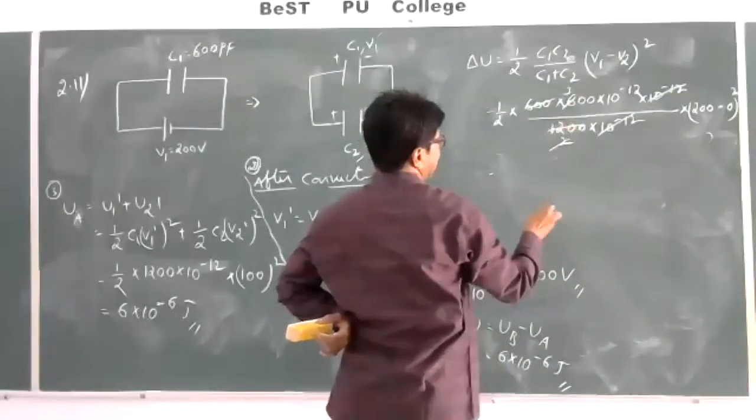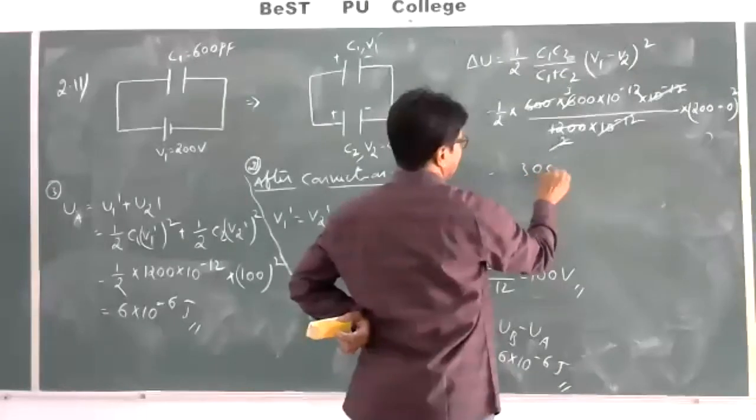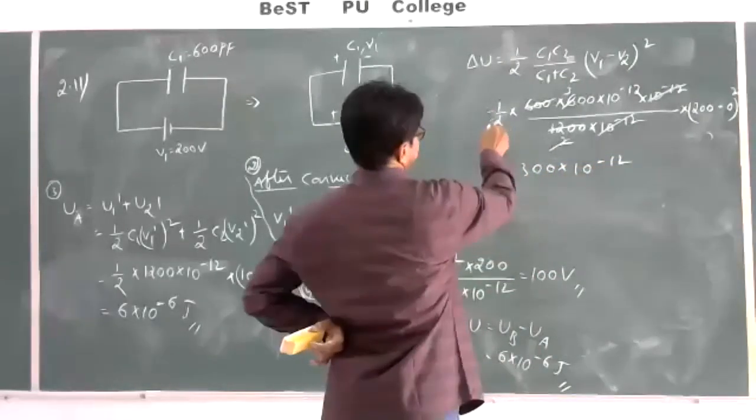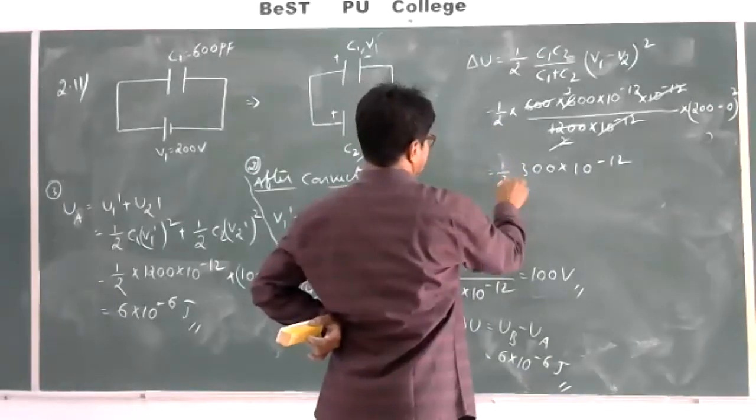Now in the denominator we have 300 into 10 to the power of minus 12. Here 1 by 2 is also there.